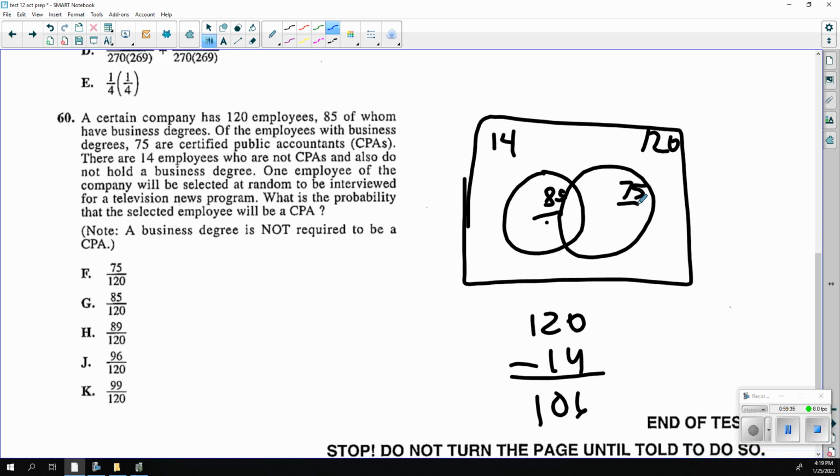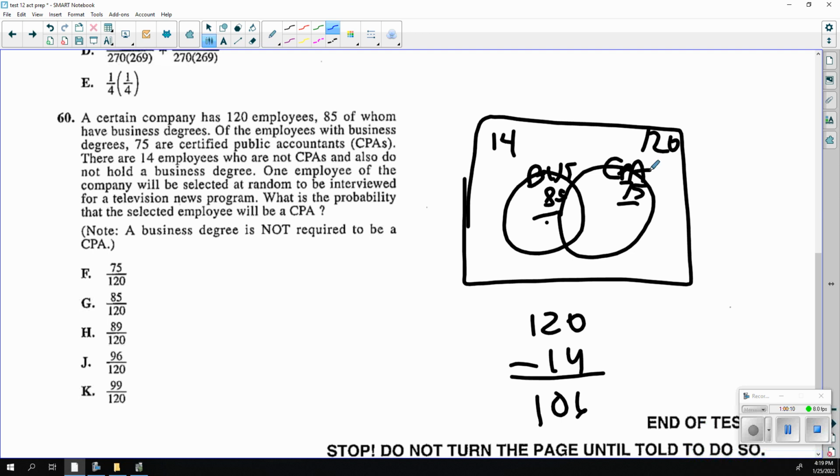How does this work? I got confused. 85 have a business degree. 75 are CPAs. 85 have a business degree. 75, this is business. This is CPA.